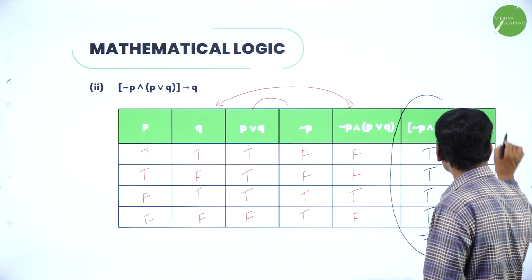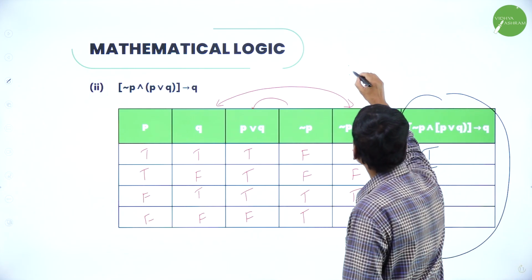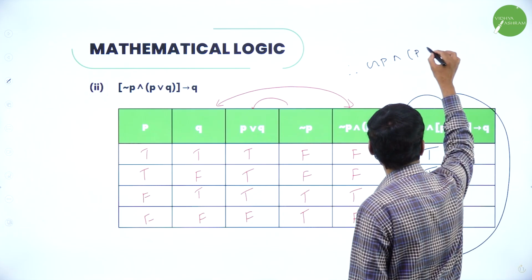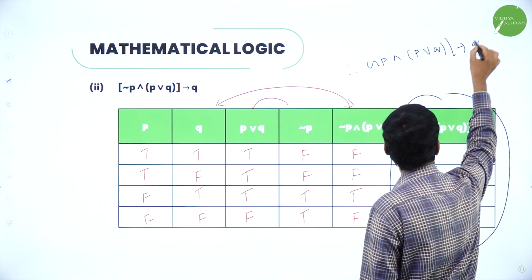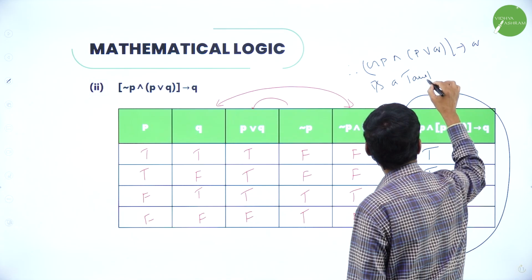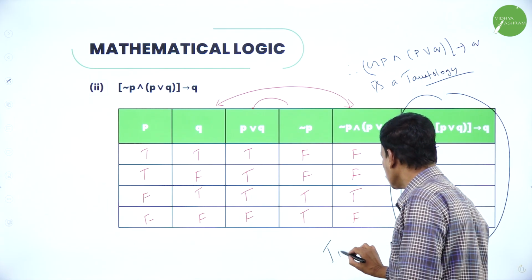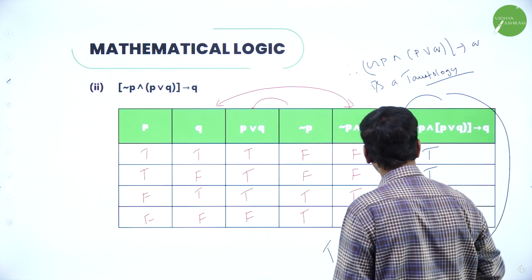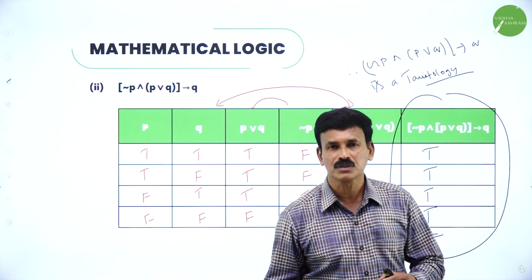All the values in the last column are T, T, T, T. So, therefore, negation of P conjunction P disjunction Q conditional to Q is a tautology, because all the truth values in the last column are T, T, T, T. Hope you followed. That's it.